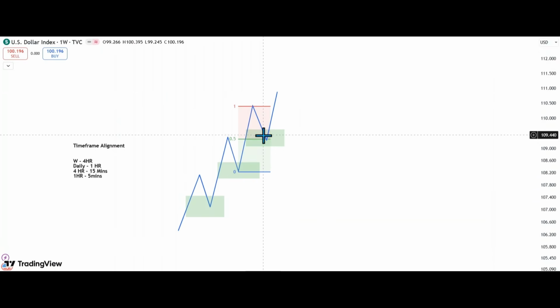Just go and backtest this. Once price has retraced to our daily PD array or our daily discount array, the rest of the week expect expansion away from this daily PD array. Expect more expansion, higher and higher until we close the week.